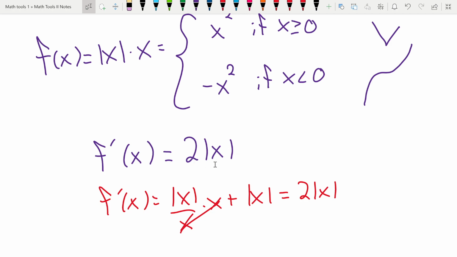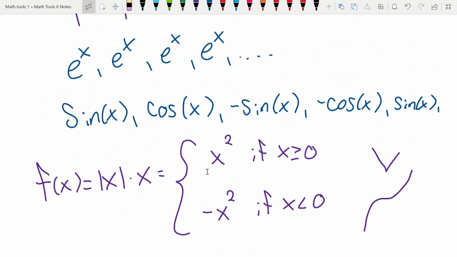Right, we've already seen that the absolute value of x is not differentiable at 0, and so 2 times the absolute value of x, that's not going to change anything. It's still not going to be differentiable at 0. Okay, so things can be once differentiable, but not twice differentiable. So just being able to differentiate it once doesn't necessarily imply you can infinitely differentiate it.